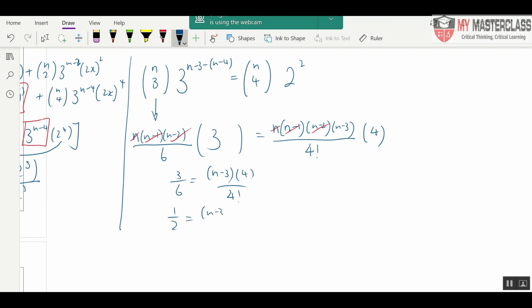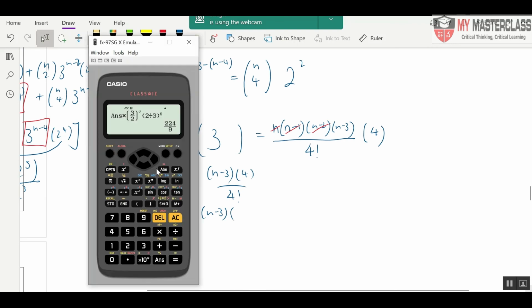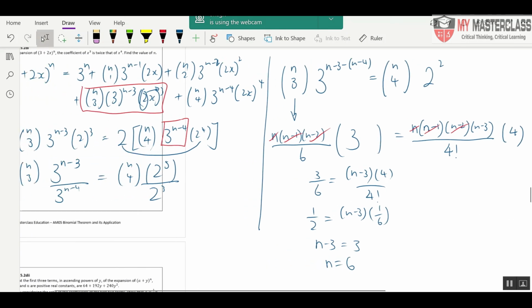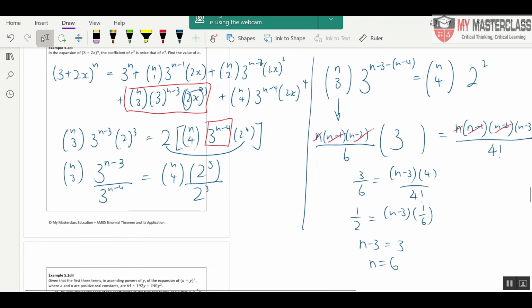Use your calculator: 4 divided by 4 factorial is equal to 1 over 6. The 6 goes over, so n minus 3 is equal to 3. n is equal to 6. And that is how you find the n in the first place.